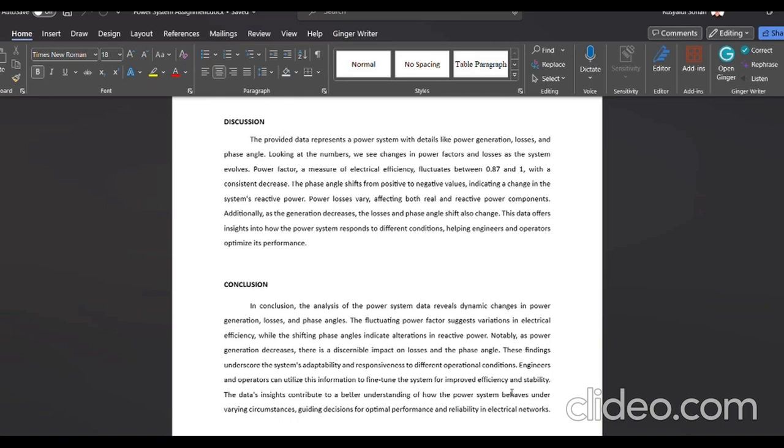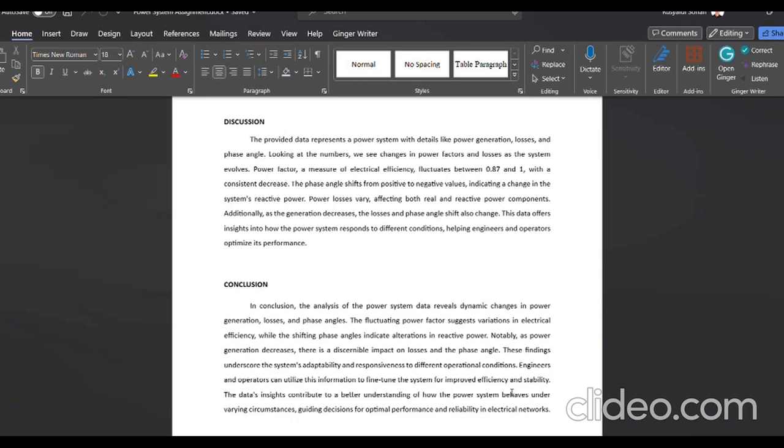For the conclusion, the analysis of the power system data reveals dynamic changes in power generation, losses, and phase angle. The influencing power factors suggest variation in electrical efficiency, while the shifting phase angle indicates alteration in reactive power. Notably, as power generation decreases, there is a discernible impact on losses and the phase angle.